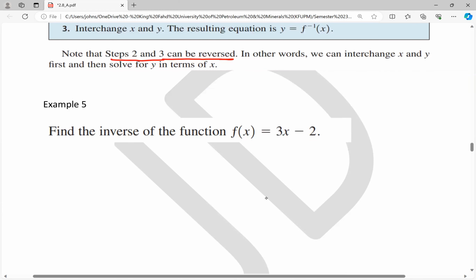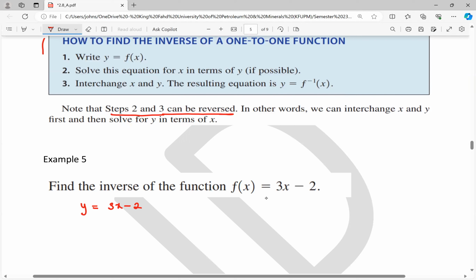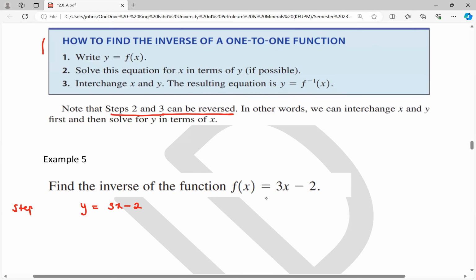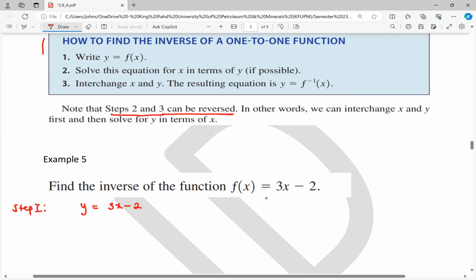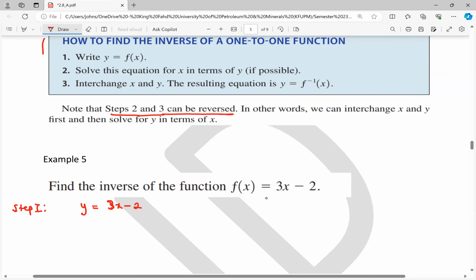We want to find the inverse of the function. So the first step, according to my notes here, is that we write y as f of x. So it means you write y as 3x minus 2. So this is step 1. Step 2 says we should solve for x in terms of y.